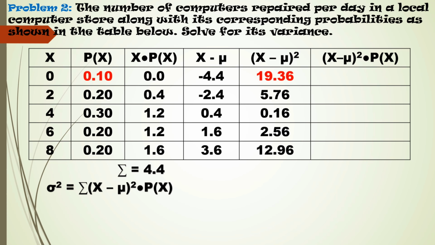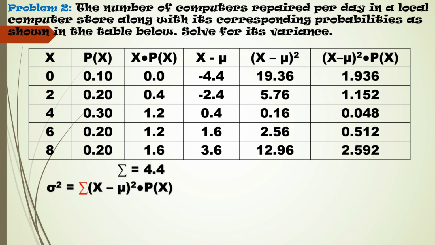19.36 times 0.10 equals 1.936. 5.76 times 0.20 equals 1.152. 0.16 times 0.30 equals 0.048. 2.56 times 0.20 equals 0.512. And 12.96 times 0.20 equals 2.592.